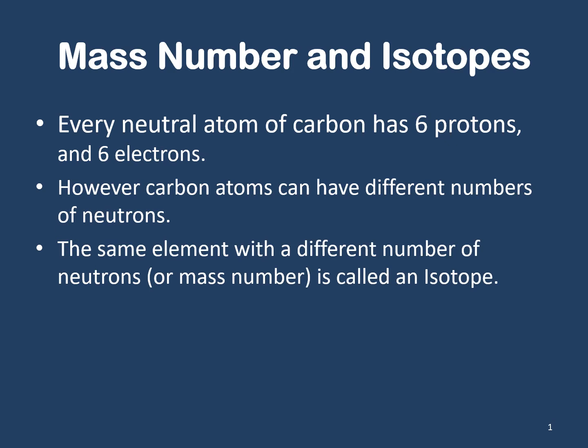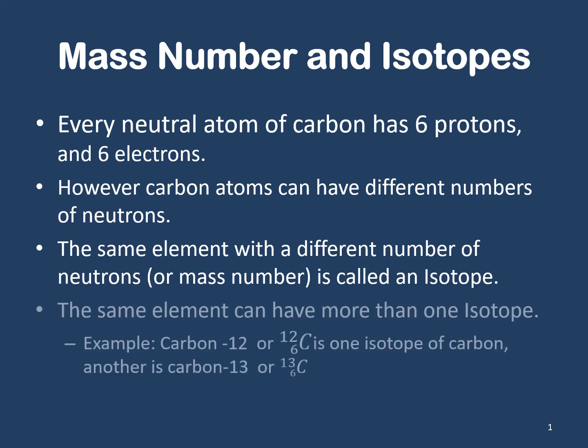The same element with different numbers of neutrons, or in other words, a different mass number, is known as an isotope. Because if you have different numbers of neutrons, then protons plus neutrons is your mass number, and your mass number will be different between the two atoms. These are called isotopes.